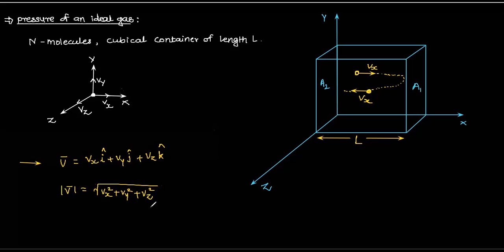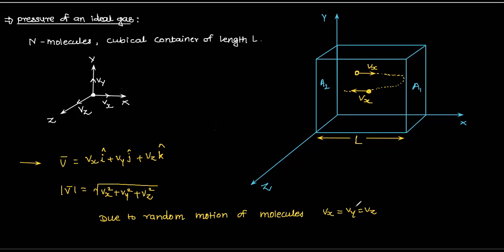Now, due to the random motion of molecules, Vx is equal to Vy is equal to Vz, meaning velocity along all axes is the same. So if I want V square, substituting Vx equals Vy equals Vz, you get Vx square plus Vx square plus Vx square, that is 3 Vx square.